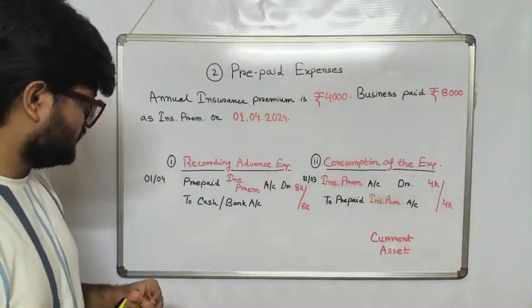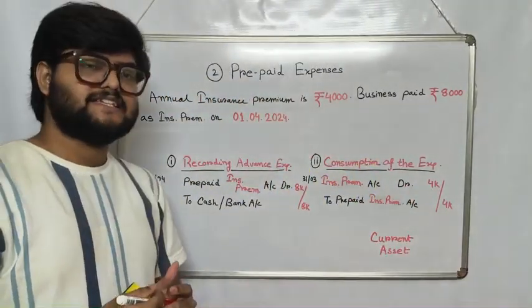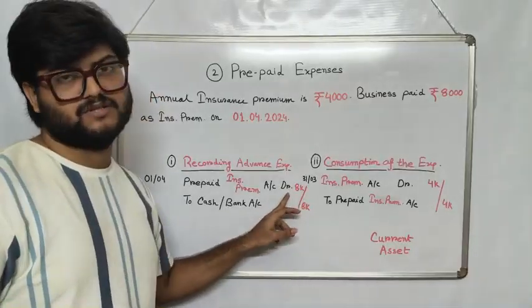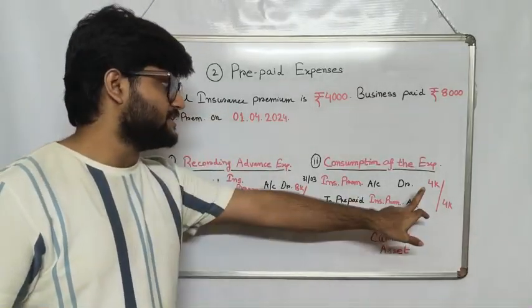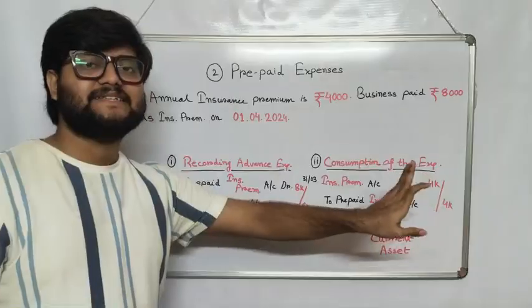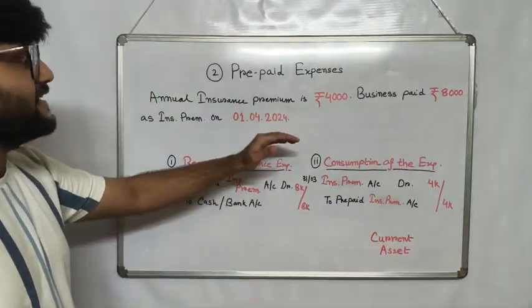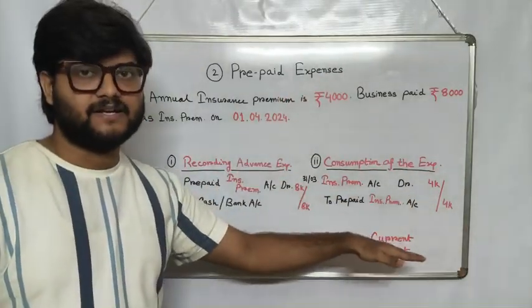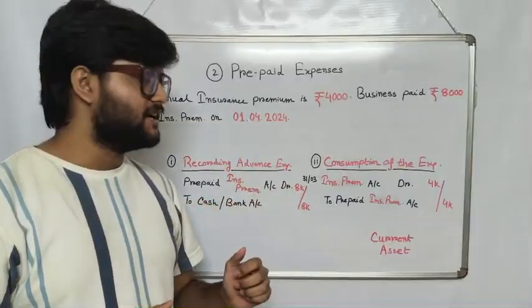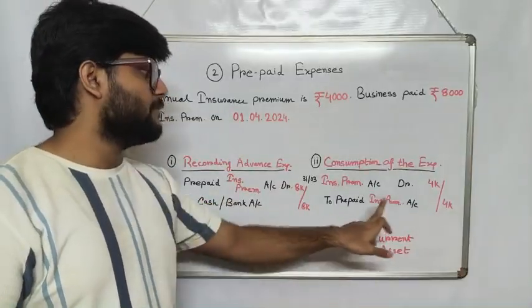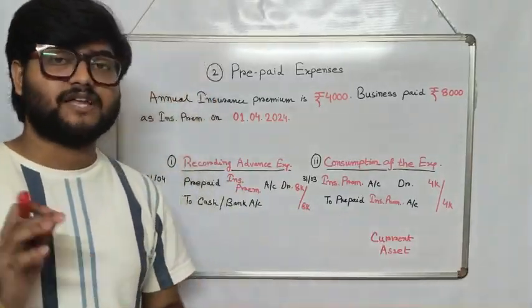Now you see that the original expenditure was rupees 8,000. We have shown rupees 4,000 because that is the expenses of this accounting period. Now the remaining figure, that is 8,000 minus 4,000, that is 4,000.